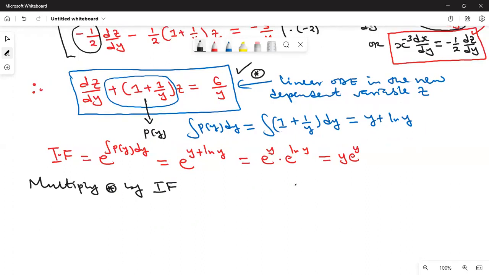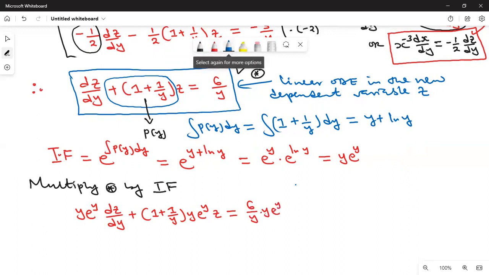On the left, we'll have, let me use another color, y exponential y times dz/dy, then plus (1 plus 1 over y) times y exponential y z is equals to 6 over y times y exponential y.